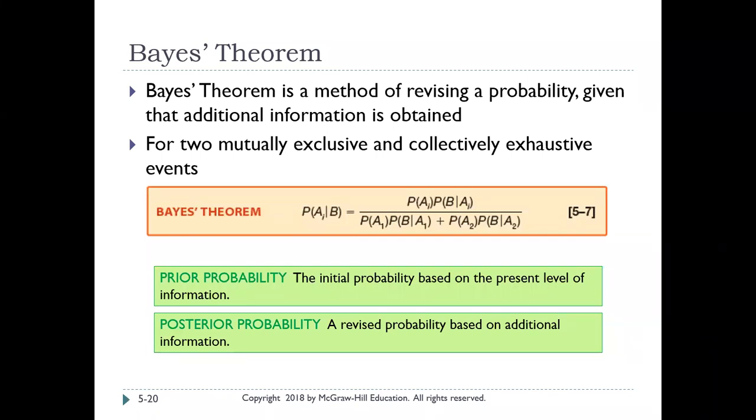Then for the denominator, remember the numerator is the first part of the denominator, so we can just rewrite 0.265 on the denominator plus the second probabilities multiplied together. That's going to end up being 0.1316. So the total fraction is 0.265 divided by 0.3966, and that's going to give us about 67%.